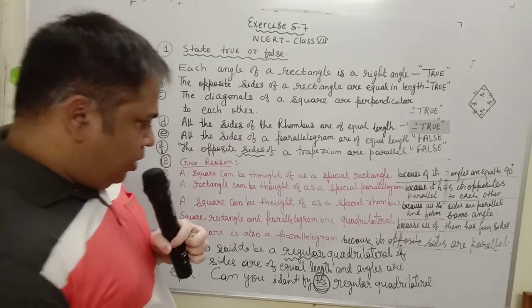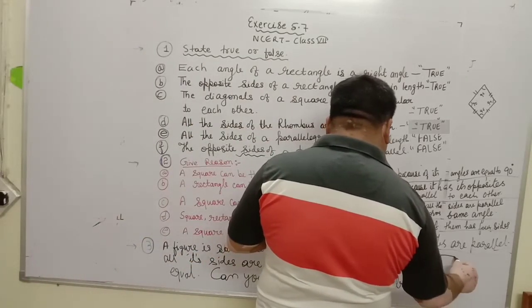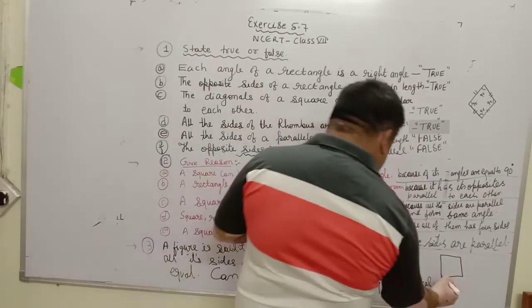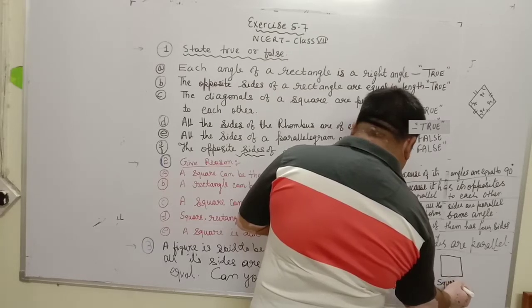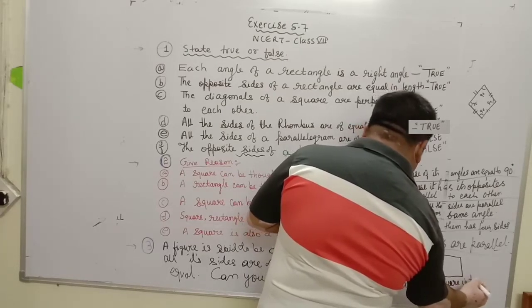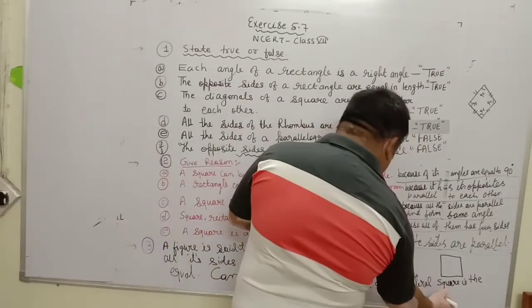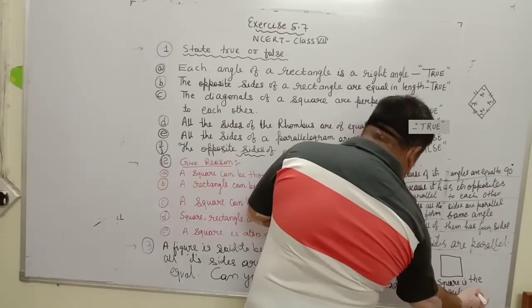So the regular quadrilateral will be a square. So we can write square is the regular quadrilateral.